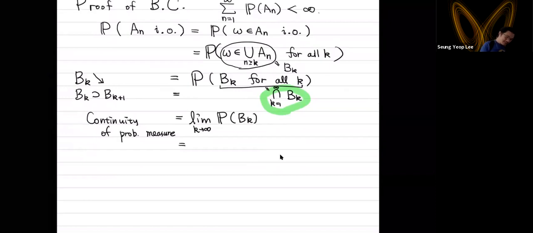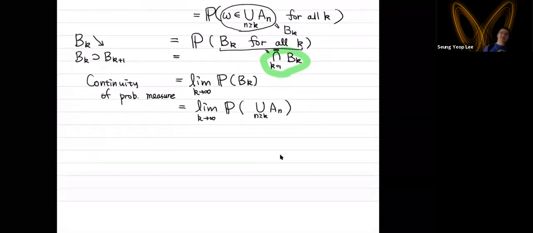And what is B_k? Let me write B_k. The definition of B_k was that omega belongs to this set. So B_k was this particular union of events.